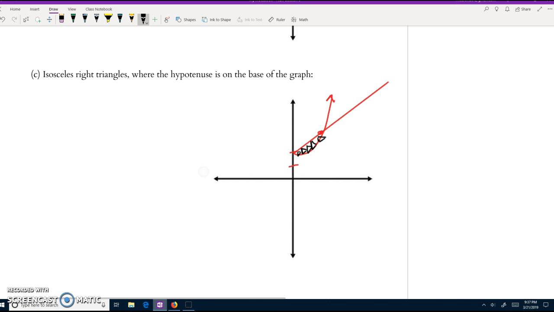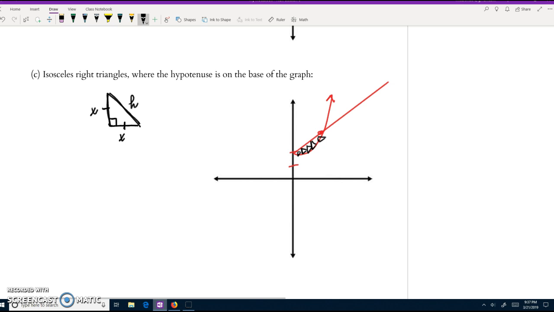So what you want to do in this case is consider, okay, if I have a hypotenuse and I have 2 sides in a right triangle that are equal because it's isosceles, I'm going to have an x here and an x here, and then this is my hypotenuse.